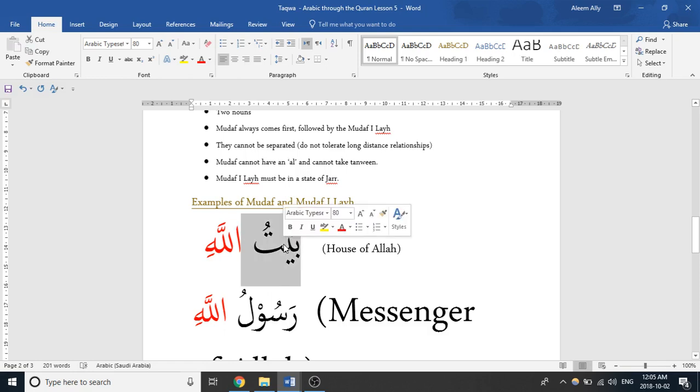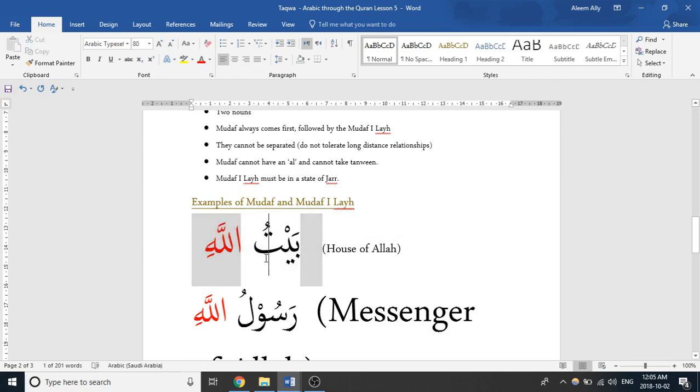So this first word we could say is owned, and the second word is owner. So it'd be translated as house of Allah. Allah owns the house. You could translate it as house of Allah or Allah's house. Either one is fine.